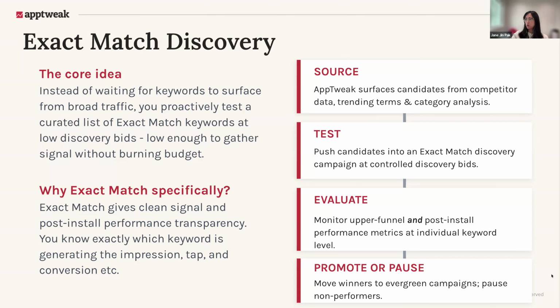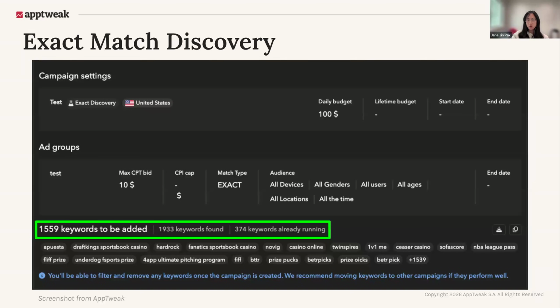All right. Here's a quick screenshot of what the exact match discovery looks like. When you are in Campaign Manager, there's an option for you to launch an exact match discovery campaign in which you set the budget and the bids, and then it's going to scan your app. Once it scans your app and your product page, it's going to tell you, hey, here's how many keywords we found.